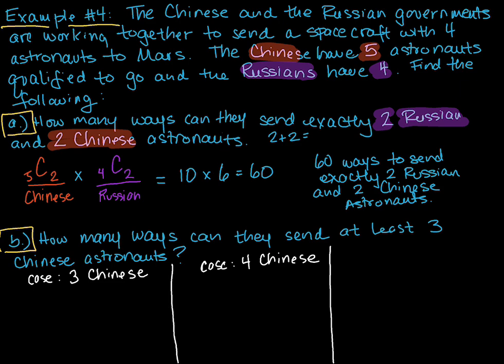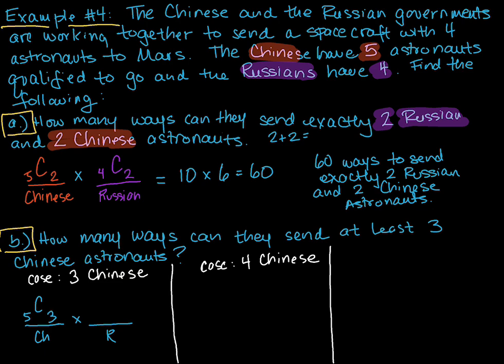So in this case where we're sending exactly 3, we're going to do the same thing as we did above, but with different numbers. So I'm just going to write CH and R. For the Chinese, we still are choosing out of 5, but now instead of choosing 2, we're choosing 3.